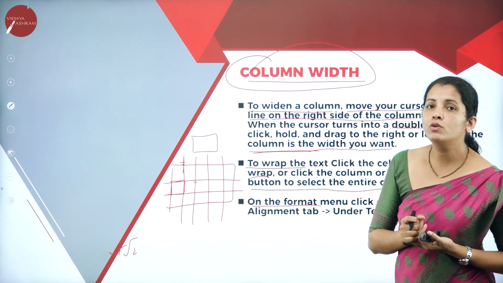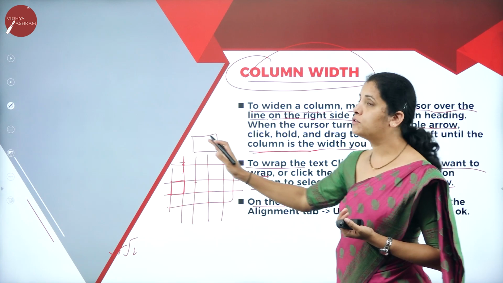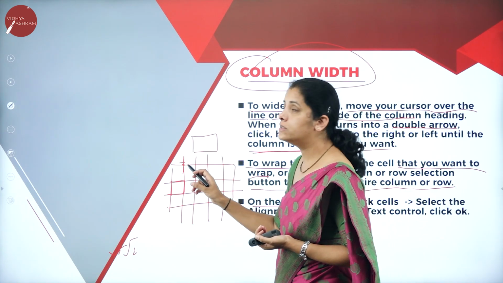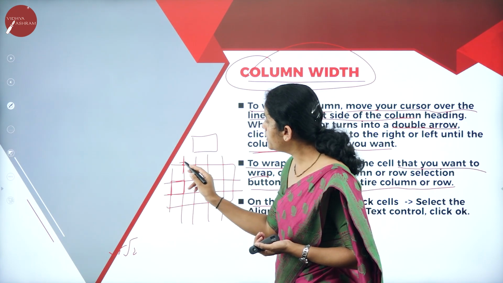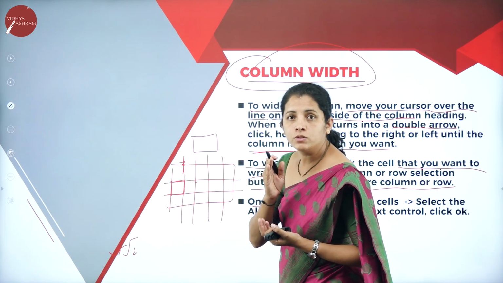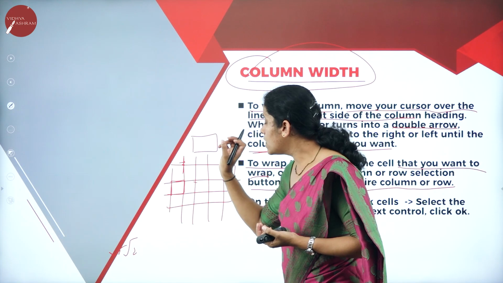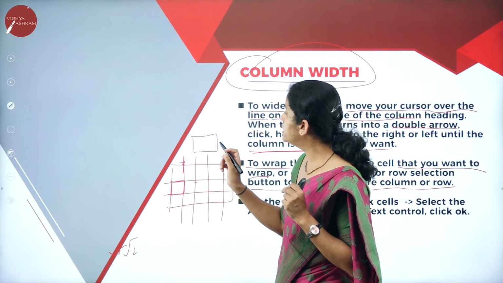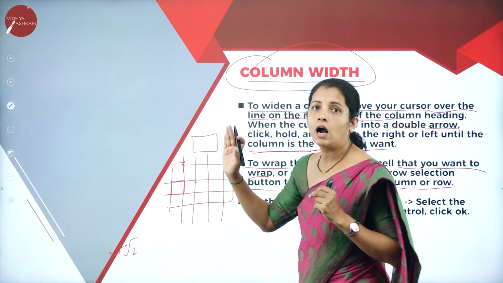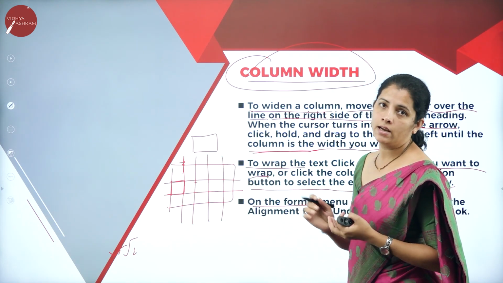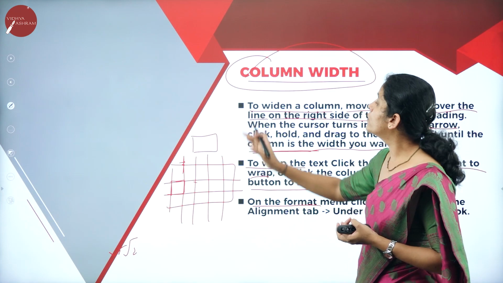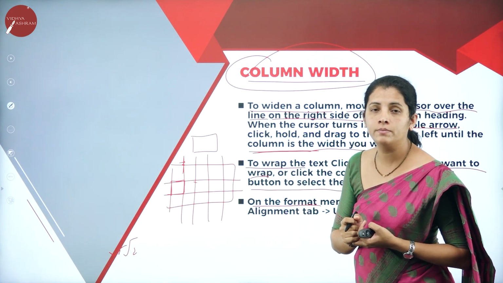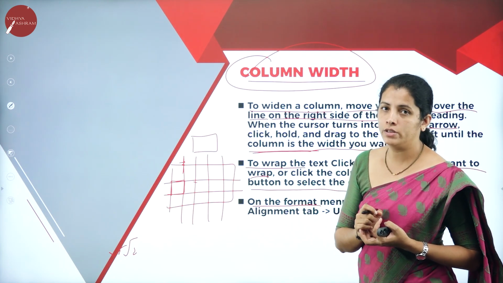Suppose I want to change the width of the column, I place the cursor there. When the cursor turns into a double arrow, then click, hold and drag towards the right. Then you can set the width of the column according to your wish.